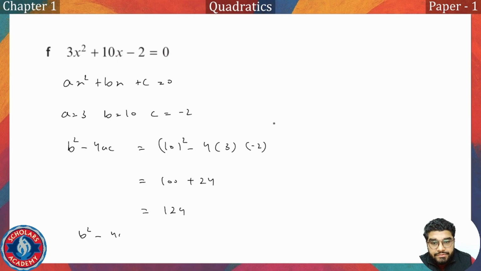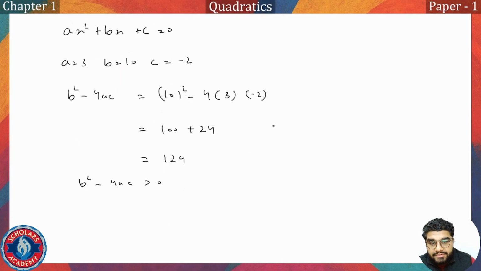B square minus 4ac is greater than 0, and because it is greater than 0 we have two real roots, right? Let's move forward.